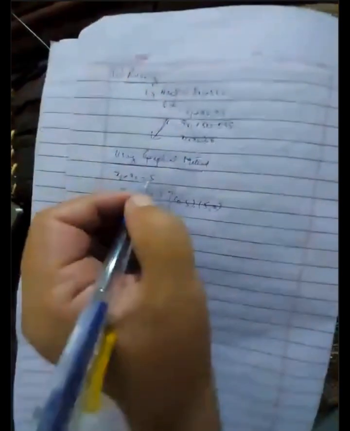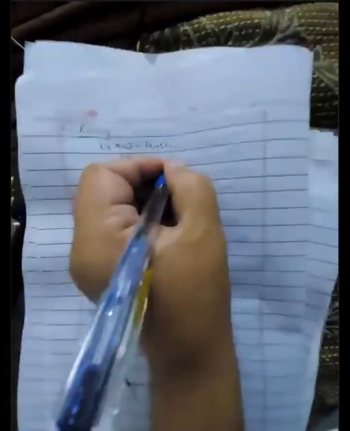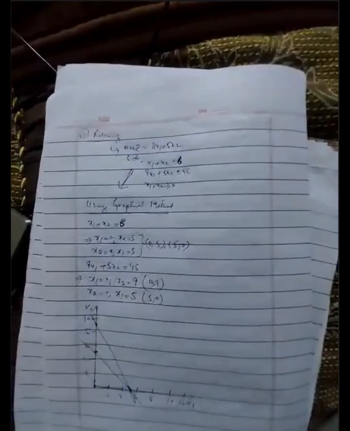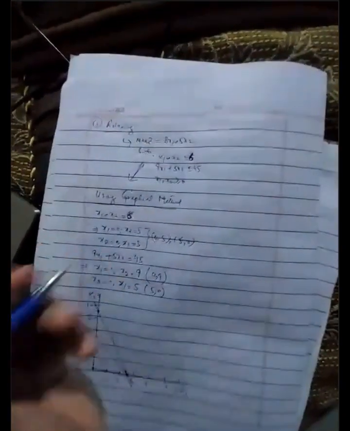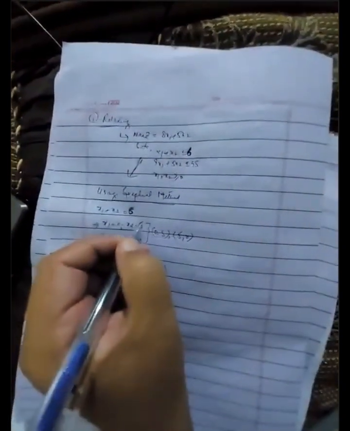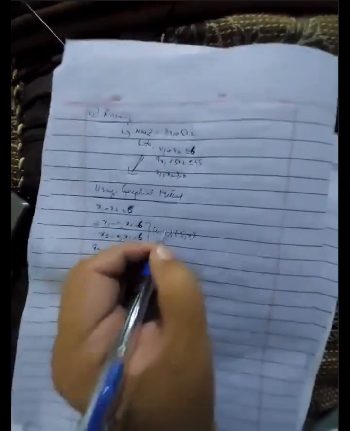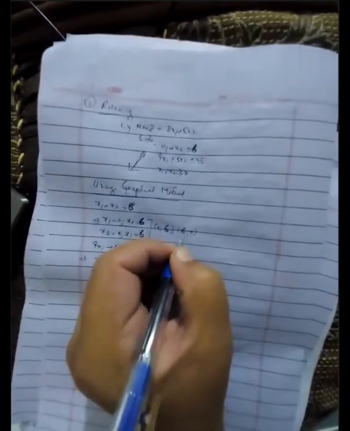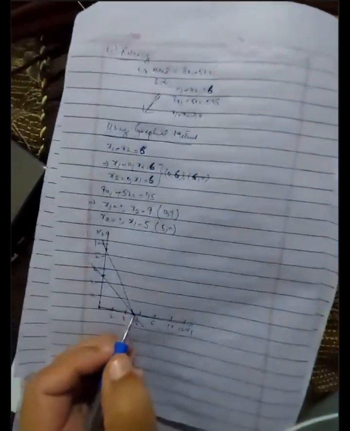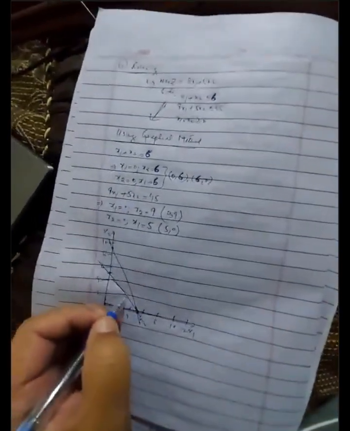This is feasible. This constraint is not equal to 5, it is actually 6. We wrote it wrong. There are 6 labor hours actually available. This is 6, so 0, 6, and 6, 0. This is actually the point.